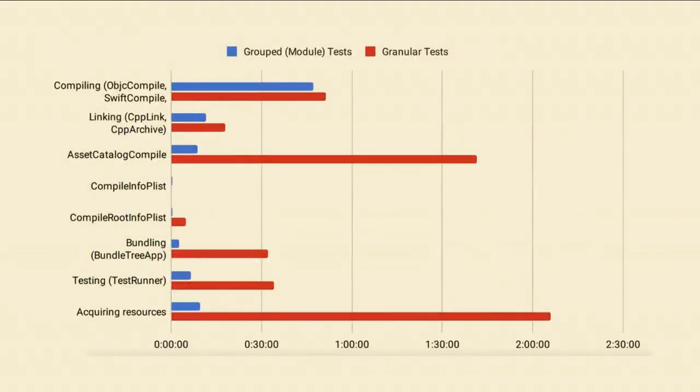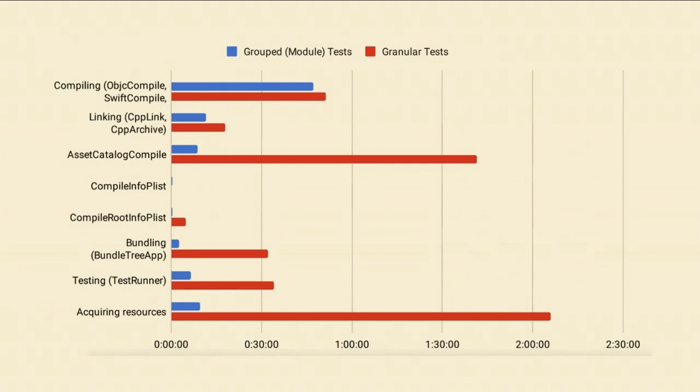And this is an example of the changes with this strategy. The x-axis here is in hours. So in some cases, reducing the number of small test bundles can dramatically reduce the whole test time. I should mention that this is the sum of actions which run in parallel.